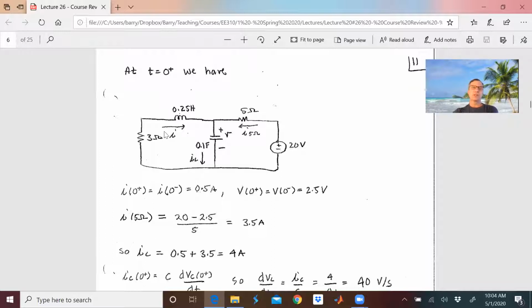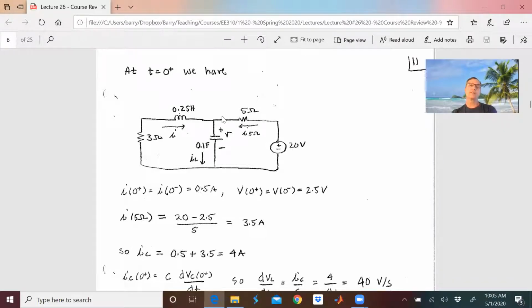So we know that I0, equal to I at 0 plus, equal to I at 0 minus, is 0.5 amp. And V at 0 plus equals V at 0 minus, and that's going to be 2.5 volts. So the current in the 5 ohm resistor is going to be 20 minus the 2.5, divided by 5, so we're going to get 3.5 amps going this way.